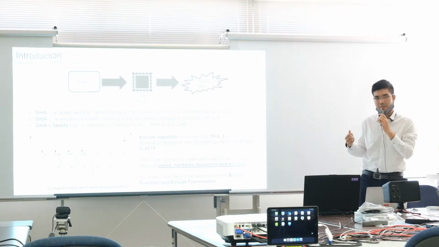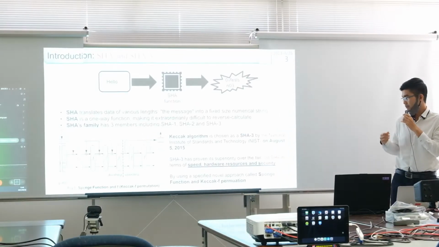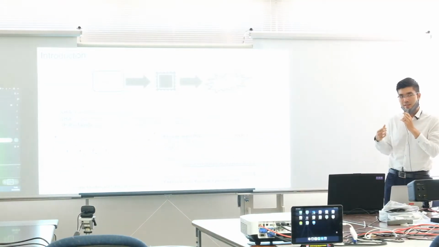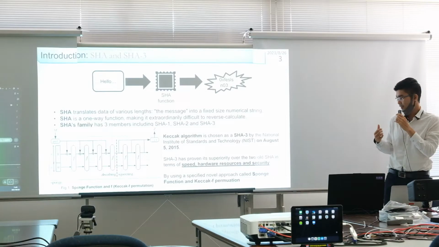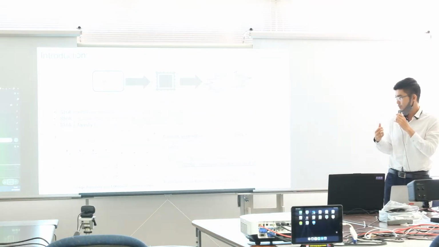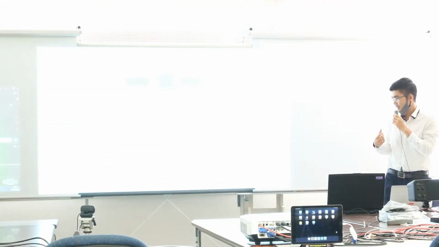SHA-3 has more advantages than the older SHA because it has more speed, lower hardware resource usage, and finally it is more secure than the older ones, because it uses a new approach, a technique called the sponge function and Keccak computation.